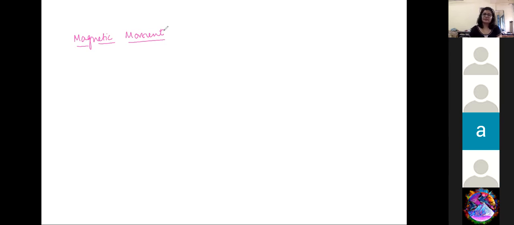Okay, that is the important fact. You are aware that electricity produces a magnetic field, right? So in atoms, are electrons stationary, or are they constantly moving? They're constantly moving.